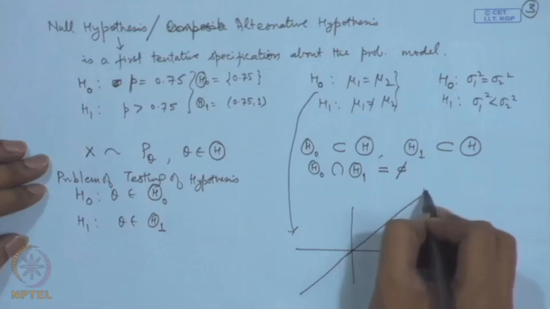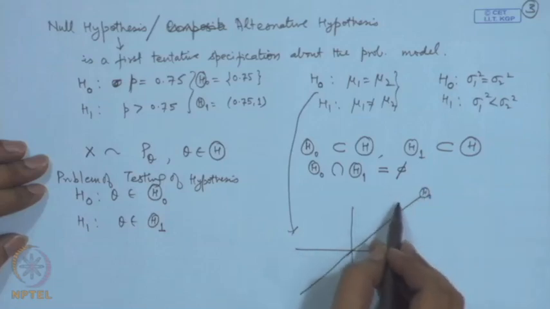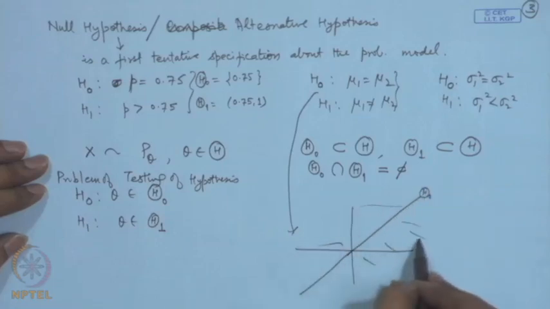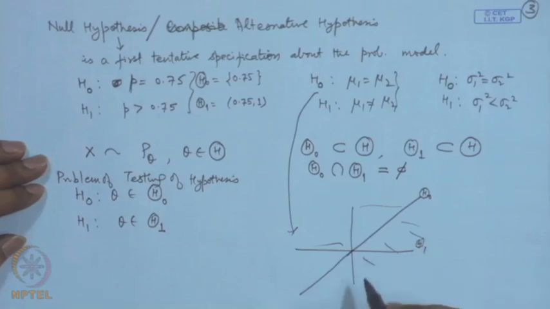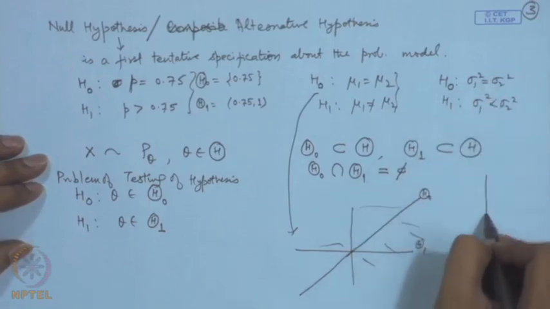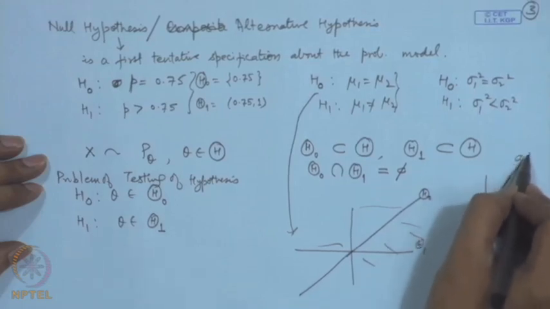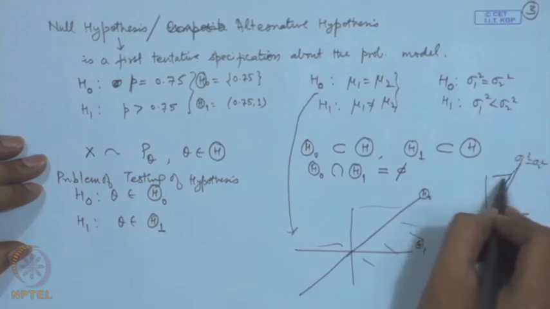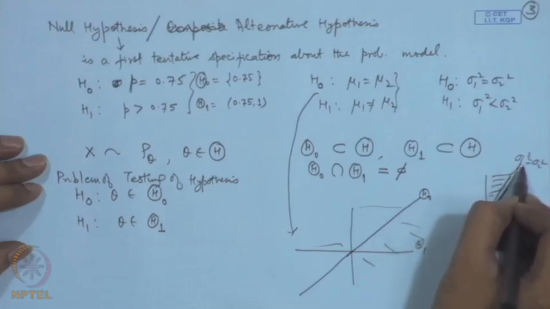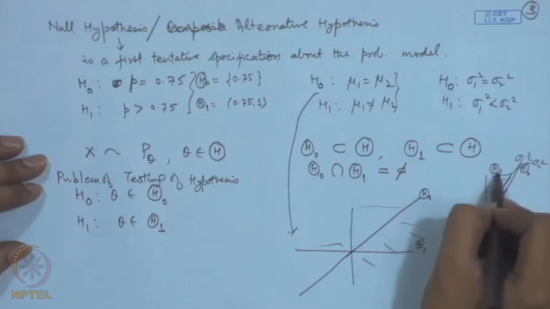So, Theta naught is this line and all other places are actually Theta 1. In this particular case, we are dealing with the positive half, sigma 1 square is equal to sigma 2 square is this and sigma 1 square less than sigma 2 square is this. So, this is Theta naught and this is Theta 1.